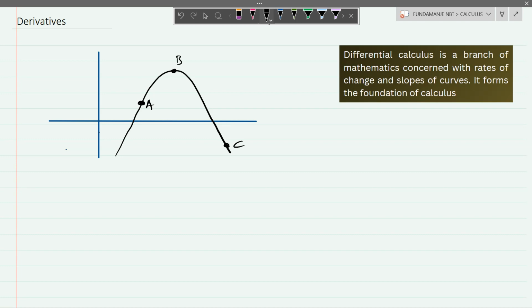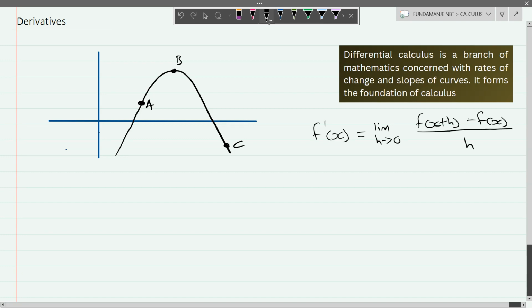This is where derivatives come in, and the formula f prime of x is equal to the limit as h tends to 0 of f of x plus h minus f of x all over h.